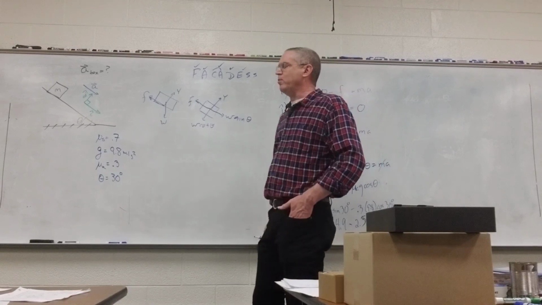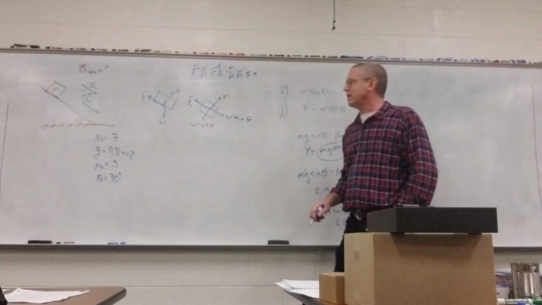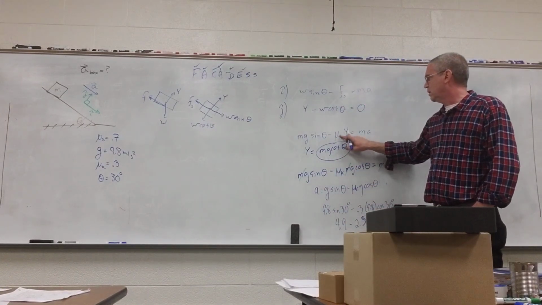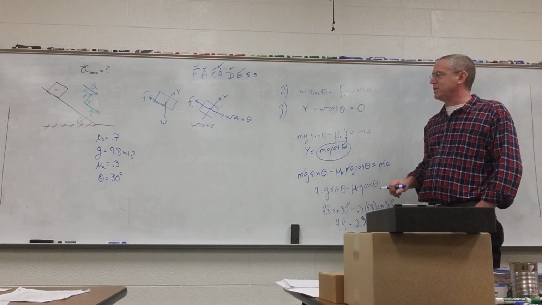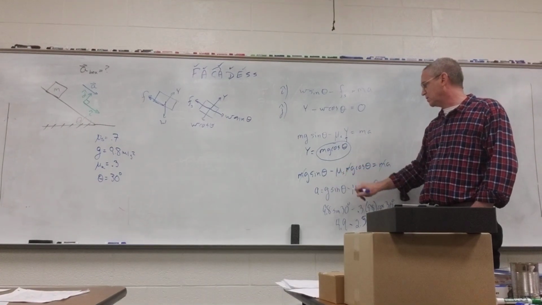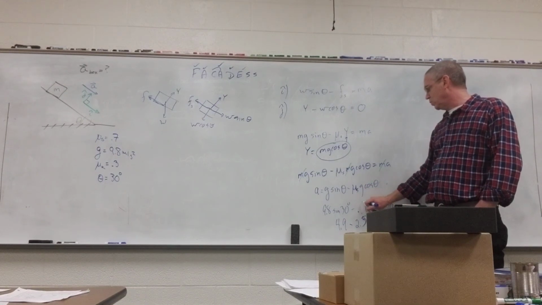So when solving a problem where you don't know if it's sliding or not, the first thing you need to do is assume it is static. Because we did not plug numbers in until the end, it's simple enough to put in mu sub s, and this changes to 0.7.